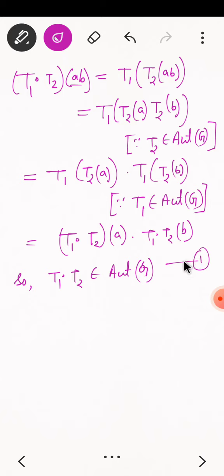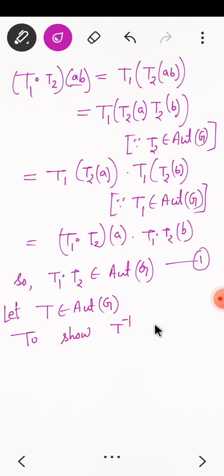So next we show that for any T belonging to Aut(G), T inverse is also in Aut(G).